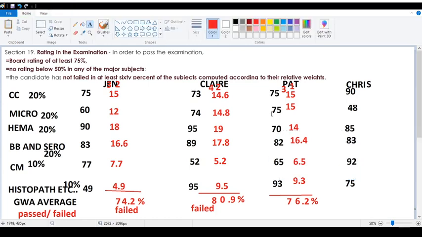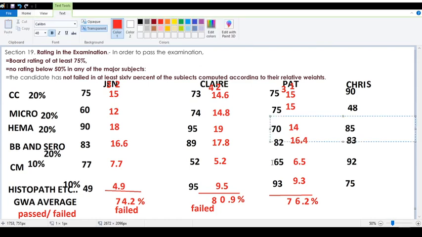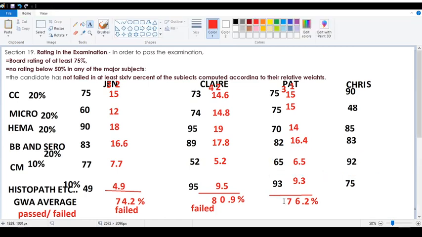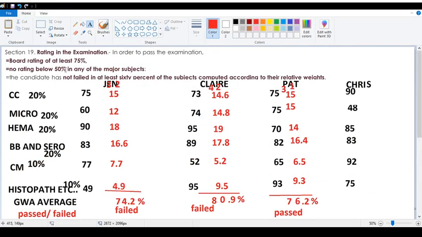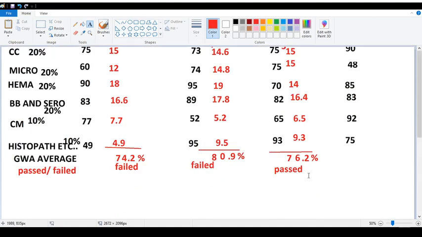So he failed only in HEMA, 20%, and in CM, 10%. So, he failed only in 30%. So, he passed in 70% of the subjects based on the general weighted average. So, pumasa siya.